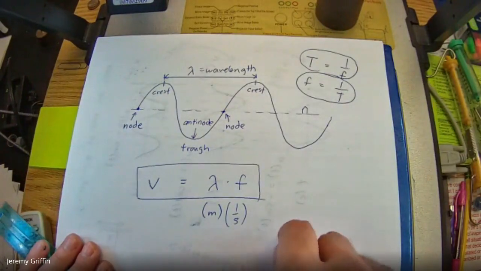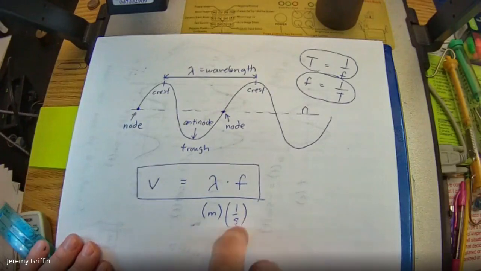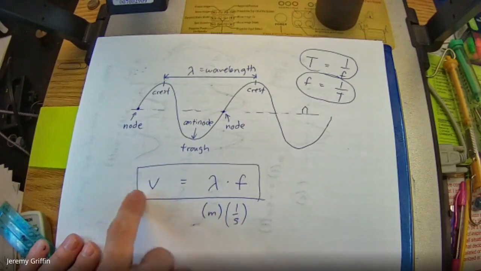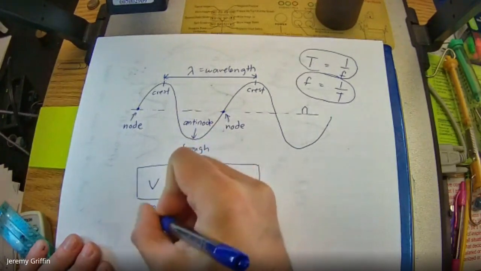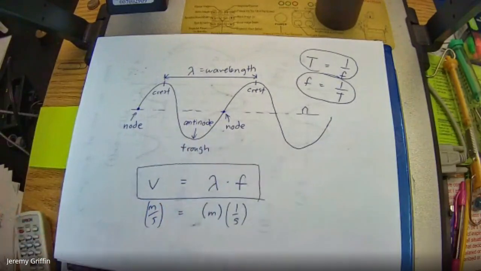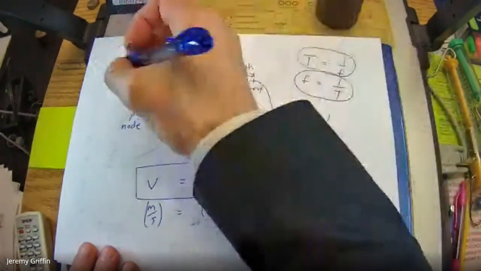If it was 4 hertz, it'd be blip, blip, blip, blip, blip, blip, blip, blip. That'd be 4 hertz, right? So many cycles per second. Hey, look at this. Meters per second. That could give you a speed. Meters per second, right? Guess that too? Right? So that's a very important wave formula that we're going to be using over the next week.